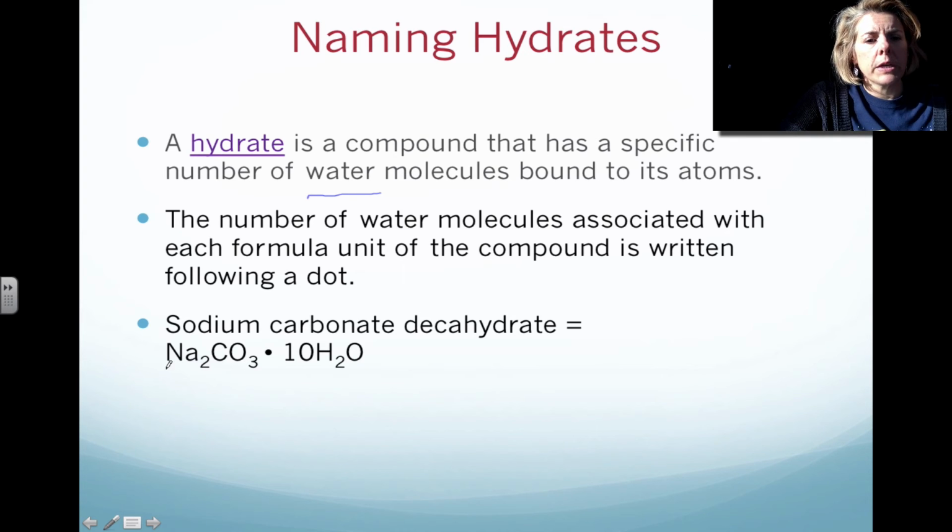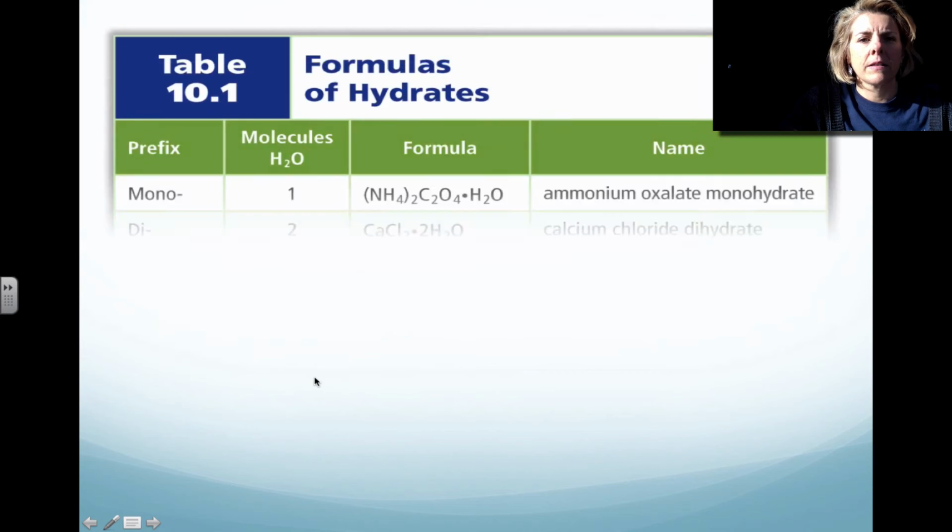So for instance, we could have sodium carbonate. Here we are using our ionic nomenclature, and we're attaching a decahydrate to it. So the deca is 10, and the H2O is hydrate.